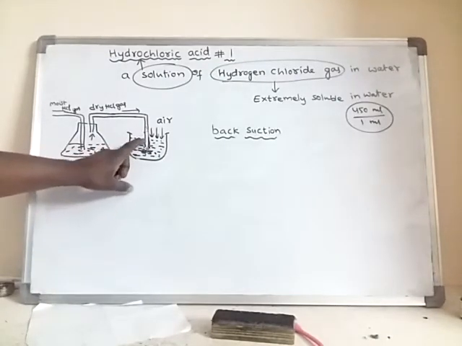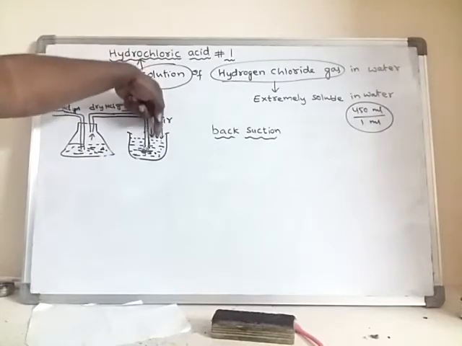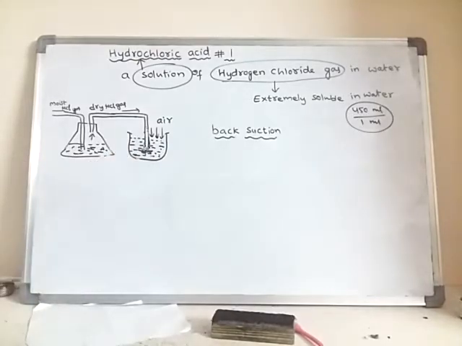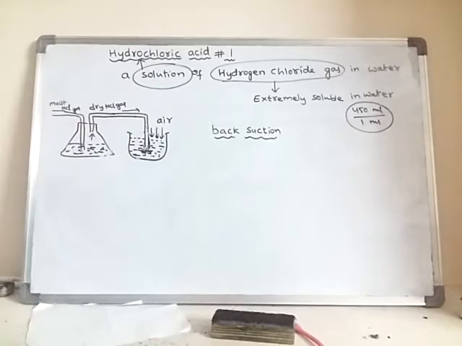Due to this, low pressure is created, and in order to compensate the low pressure in the delivery tube, the air from the outside exerts more pressure on the water, so that the water rushes into the delivery tube. Water is forced into the delivery tube by the air. Due to this, the level of water inside the delivery tube will rise.